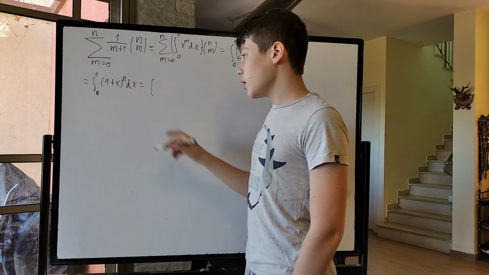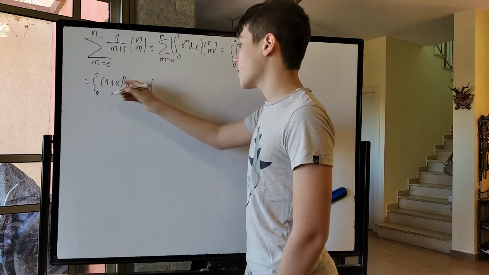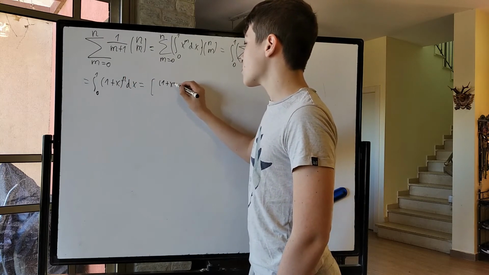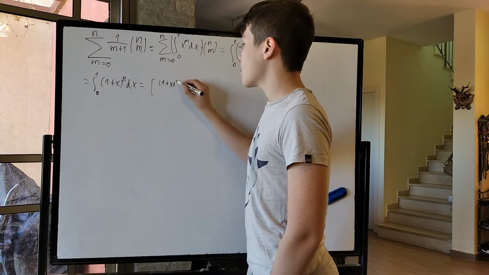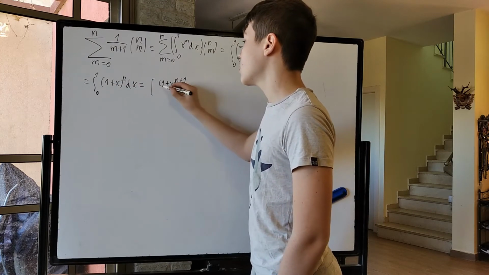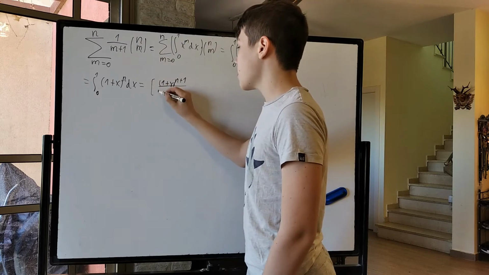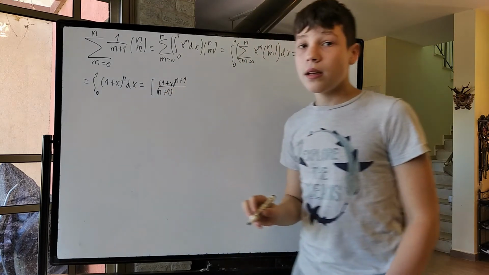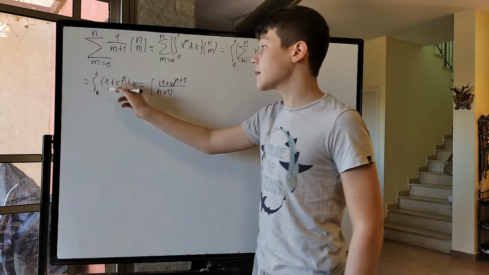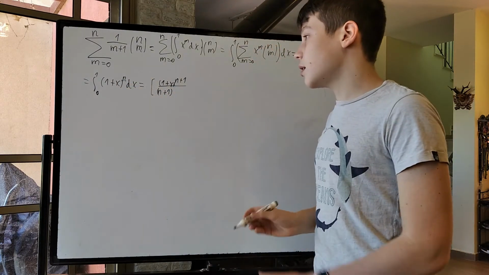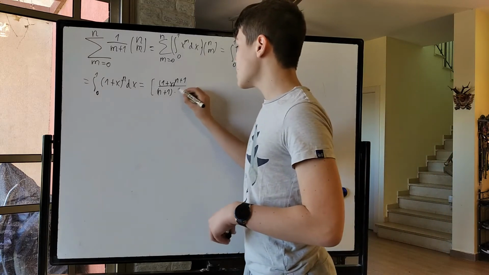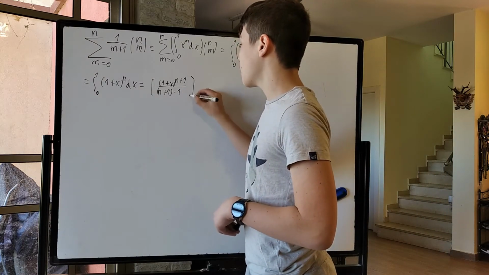Now this is just an integral of a linear function to the power of something, meaning that this is the linear part to the power of the original power plus 1. So this is 1 plus x to the power of n plus 1 divided by this power plus 1 and, again, divided by the coefficient of x inside the linear term. In this case, the coefficient of x is 1.